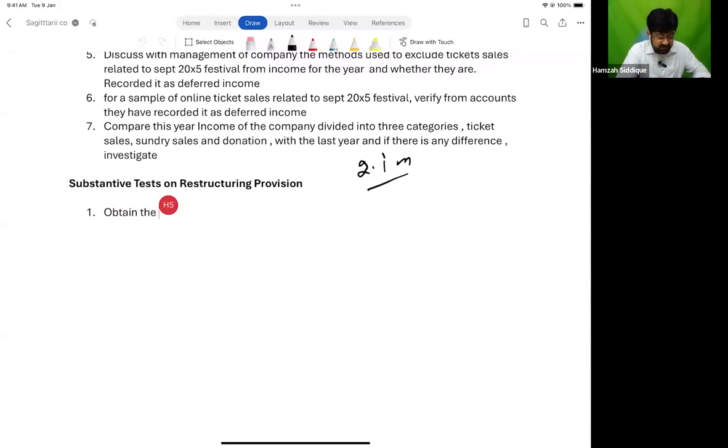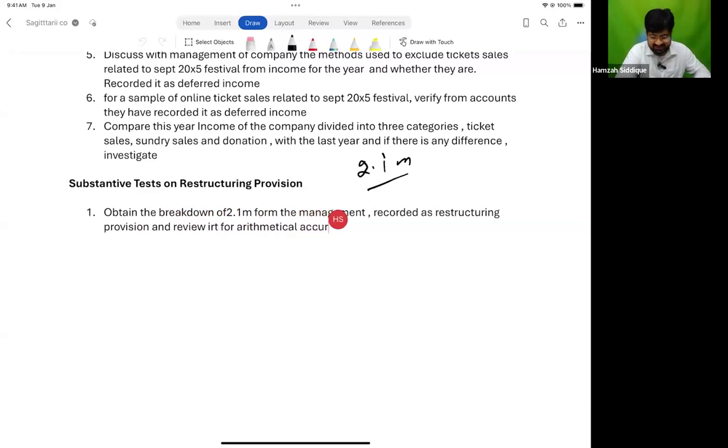the breakdown of 2.1 million from the management recorded as restructuring provision and review it for arithmetical accuracy.